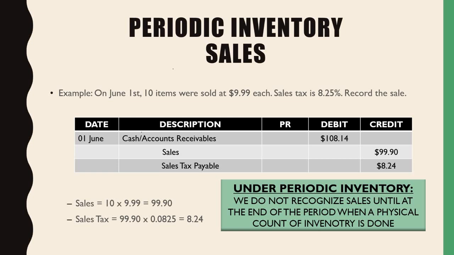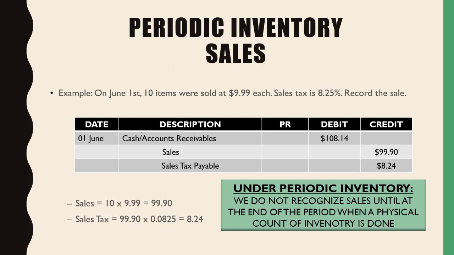We don't even care to keep track of our sales, because at the end of the given period, when we do our inventory worksheet, we're just going to assume that whatever ending we took a physical count for, everything else was sold. So under periodic inventory, we do not keep track of our sales.